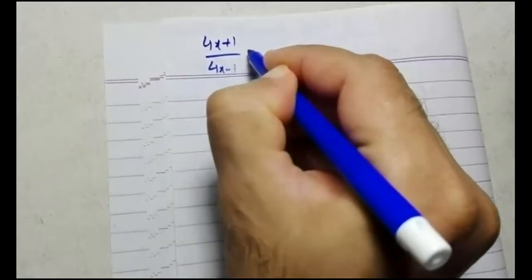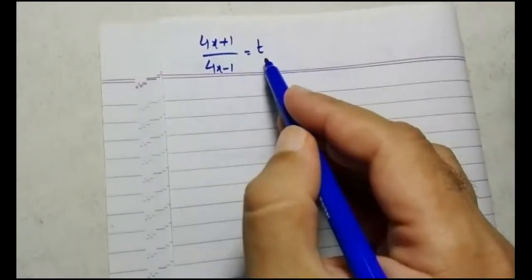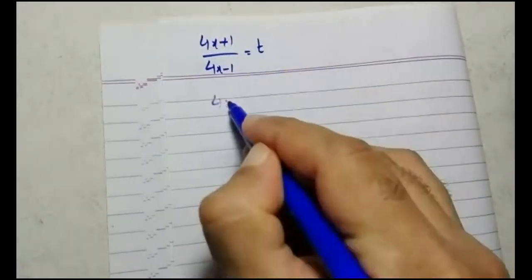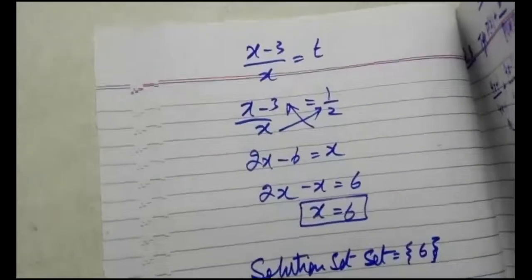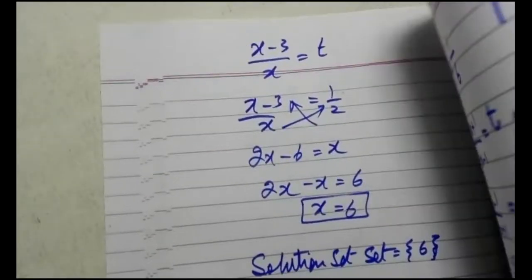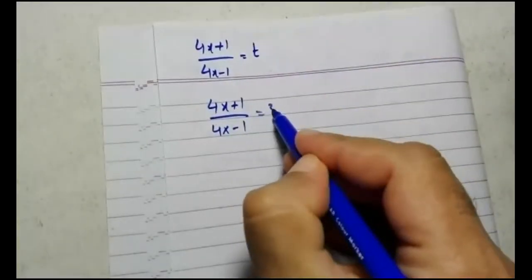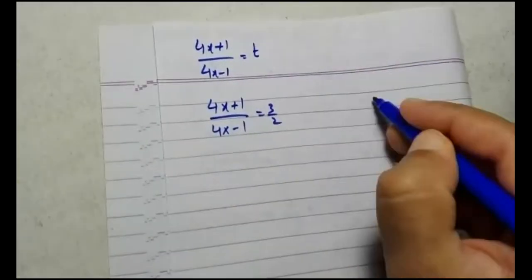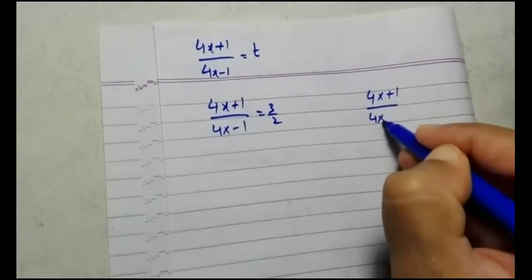And t is calculated in two terms. One time t is 3 by 2, and the second time 4x plus 1 divided by 4x minus 1 is equal to 2 by 3.